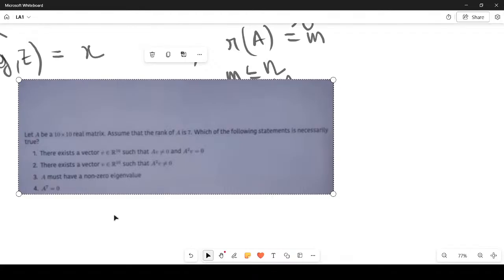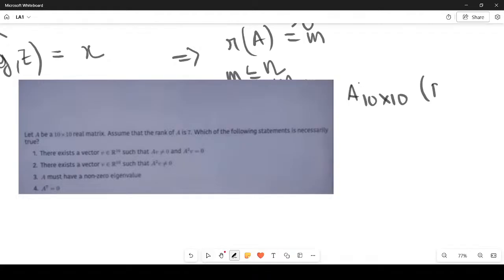Then which of the following statements are necessarily true? Since A is a 10 cross 10 real matrix, the entries come from the real field, and the rank of A is equal to 7.